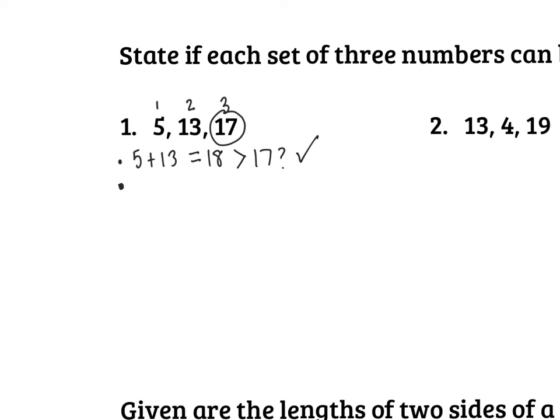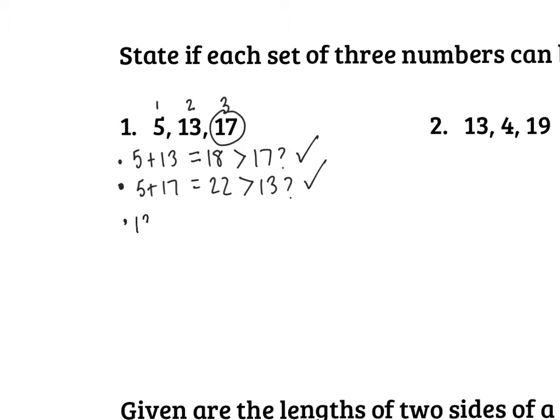Now I'm going to combine this side and see if it's bigger than the remaining side. So I'm going to combine 5 and 17, which is 22. Is that bigger than 13? It is, so we're good. And then the last two side lengths I have to compare are 13 and 17. And I need to see if when I add those two together, is it bigger than the remaining side? Which the remaining side is 5, so the answer is going to be yes, right?